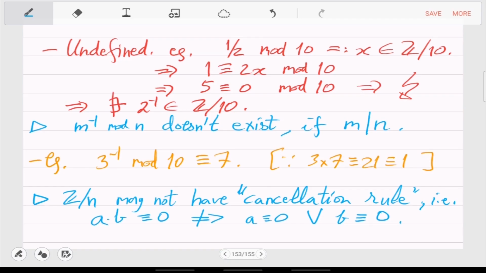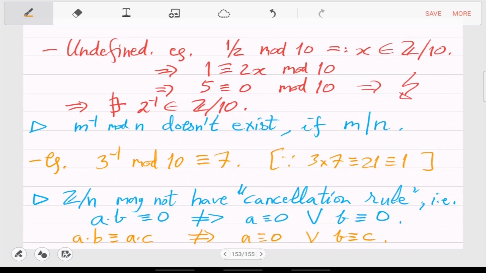And similarly, the following can also happen. A times B congruent to A times C does not mean that A is 0 or B is C. Right?